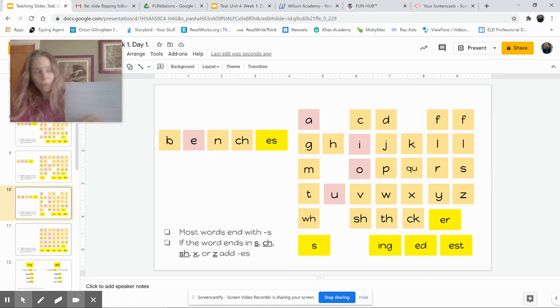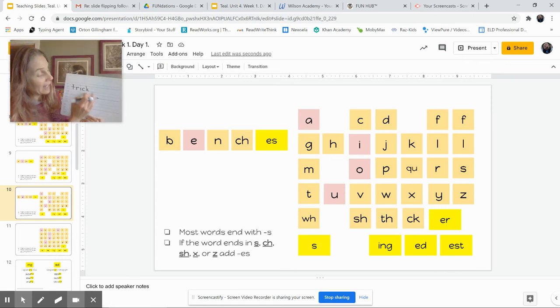So our first word is going to be the word tricks, like my brother always plays tricks on me. I'm going to tap out my base word, trick. I'm going to write my base word, and yep, I have a short vowel and the k sound, so it's going to be CK.